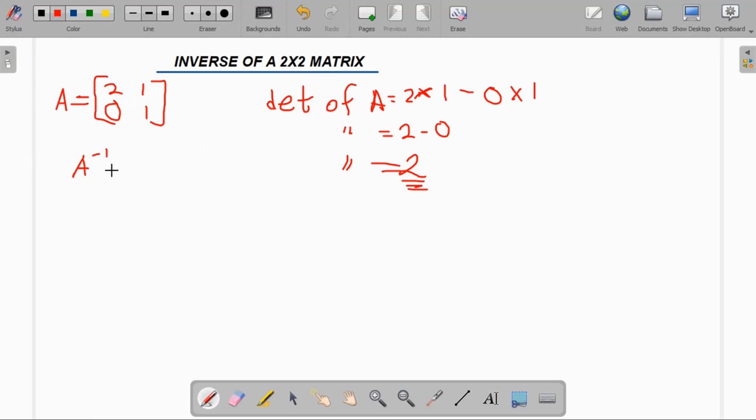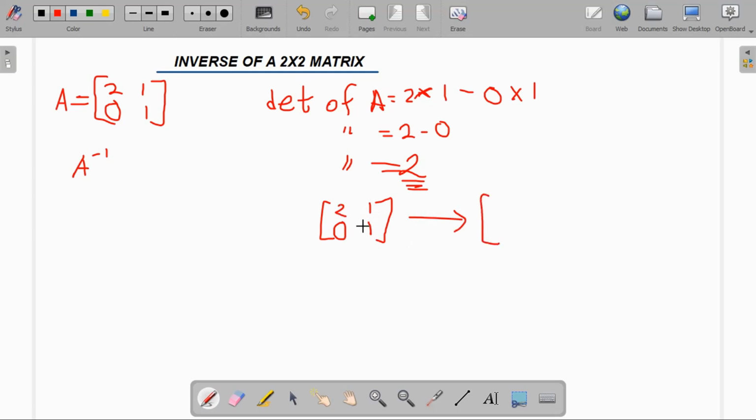So first of all, to get the inverse which we're talking about, we are going to interchange. The original matrix is this one. So this matrix has to be changed to this.